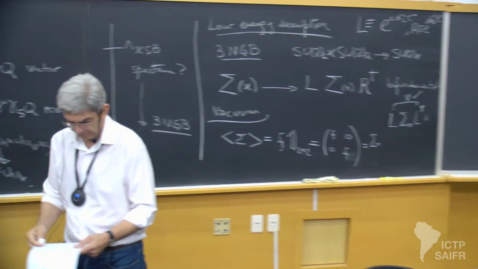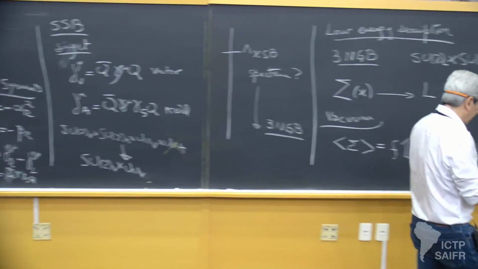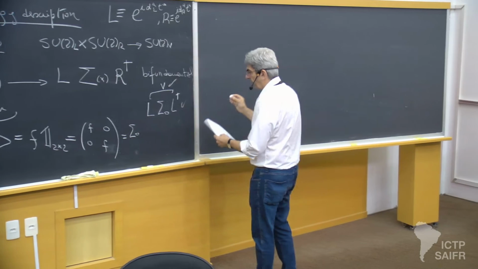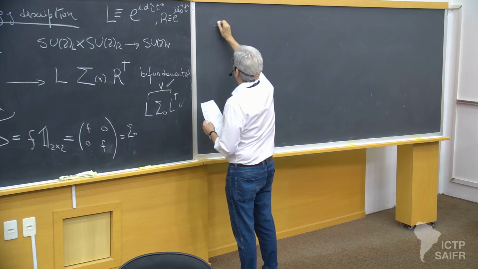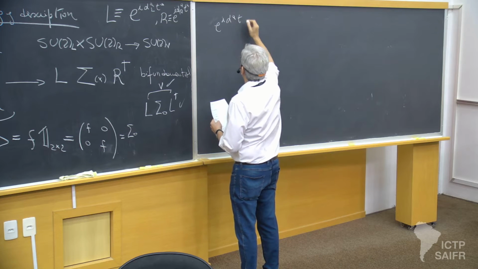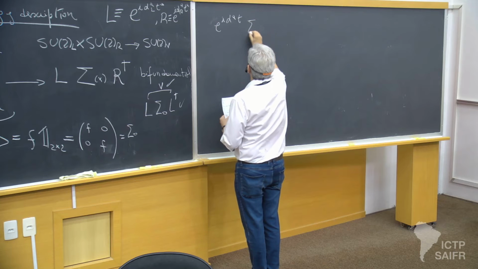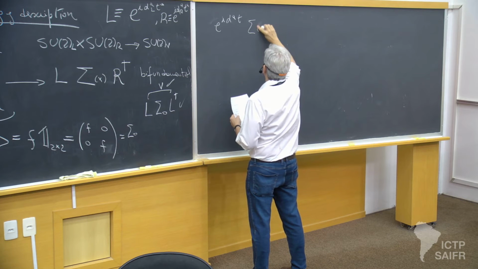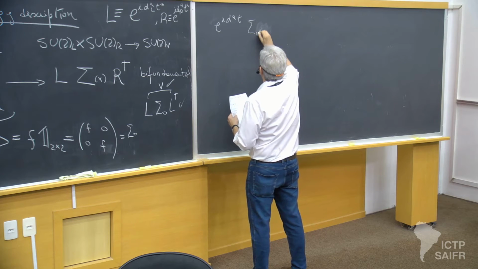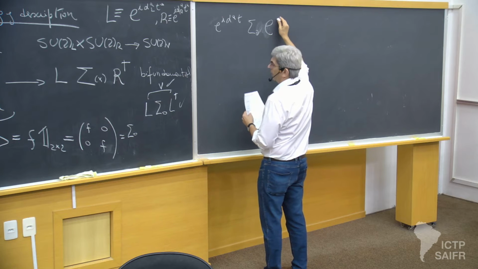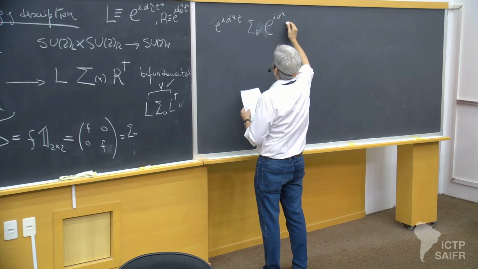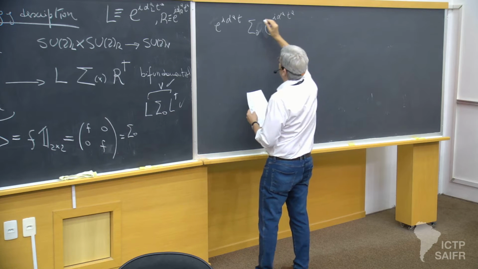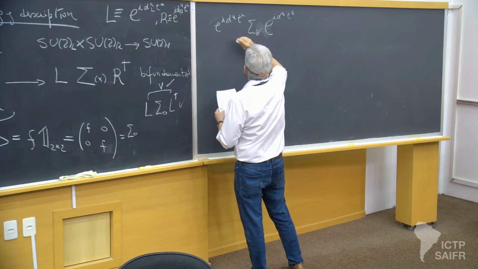But of course, now the technique to build the theory is very simple. If you did the transformation like this, what you had was e to the i alpha T^A sigma, I said sigma 0, but I'm going to generalize it, but let's say sigma 0, times e to the i alpha^A T^A.